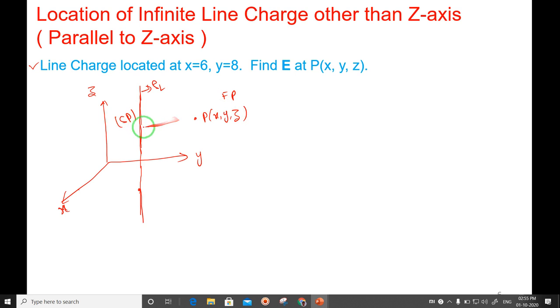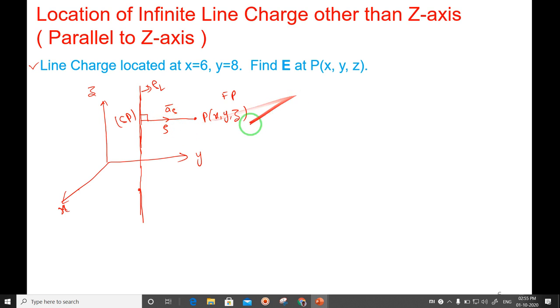The distance between source point and field point, for an infinite line charge, always has to be perpendicular. Always take the perpendicular, right? Don't take this cross distance like this, never ever. Always the perpendicular. So this distance is rho. I will call this distance rho, and the unit vector we will make as a rho unit vector.